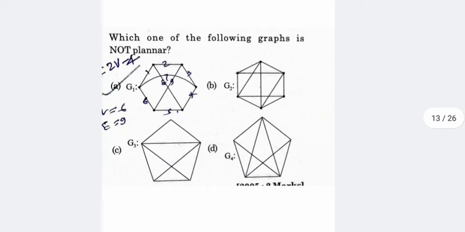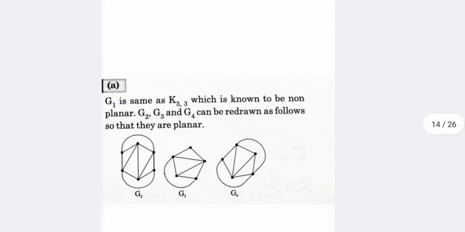Now come to the next question. Which one of the following graphs is not planar? Here four graphs are given: G1, G2, G3 and G4. After applying the planar properties, we easily identified that only G1 is non-planar and the others are planar graphs. How do we come to the solution of this problem?